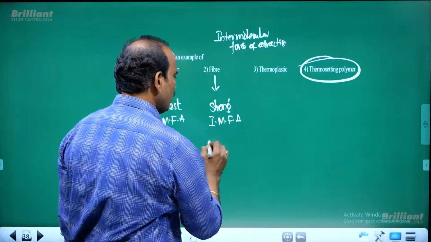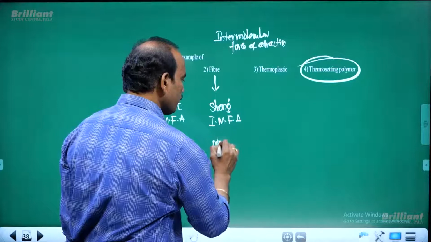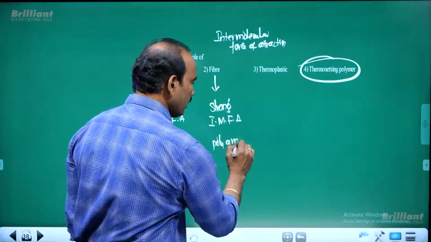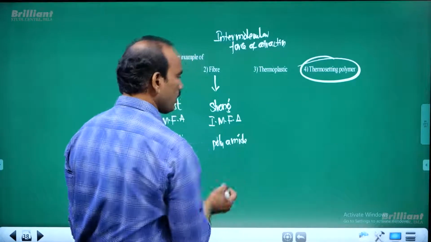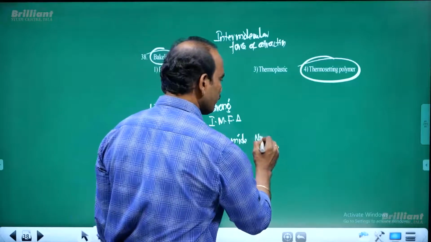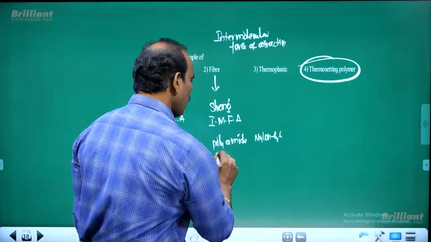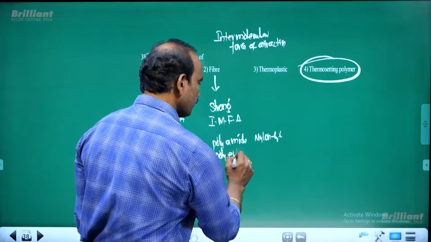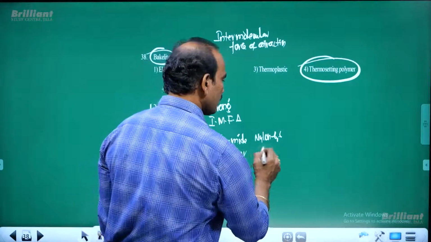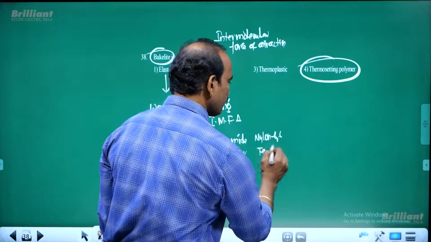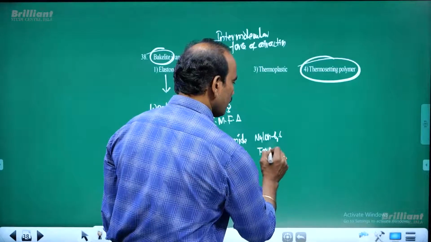What are those? Polyamides. What are the polyamides? Nylon 66. Then polyesters. What are those? Dacron, terylene.